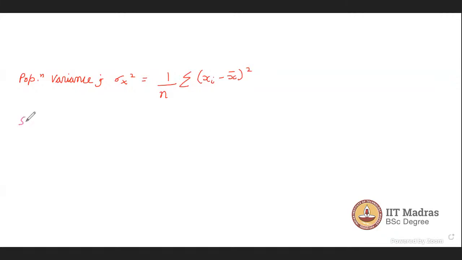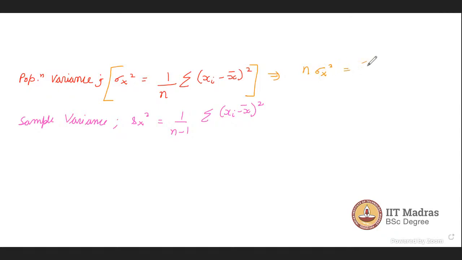Okay, so this is the formula for population variance, right? And for sample variance, let's denote it by small s. From the first formula, if I multiply both sides by n, I will get n times sigma x squares equals something.